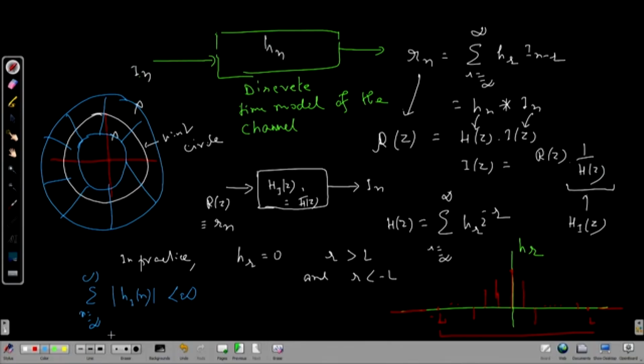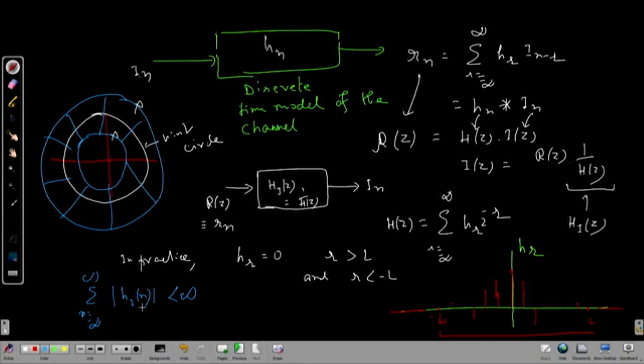Stable means Hin cannot remain high for all n. As n increases, it has to die down, finally it becomes 0, then only the summation will be finite. If it still remains appreciable, even if n goes up to infinity and minus infinity, then the summation will not converge, the summation will not be finite.